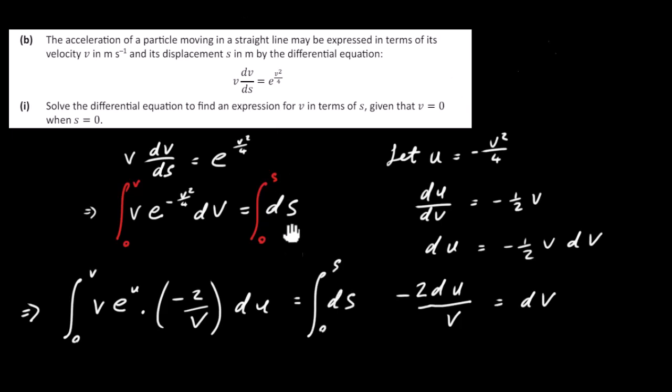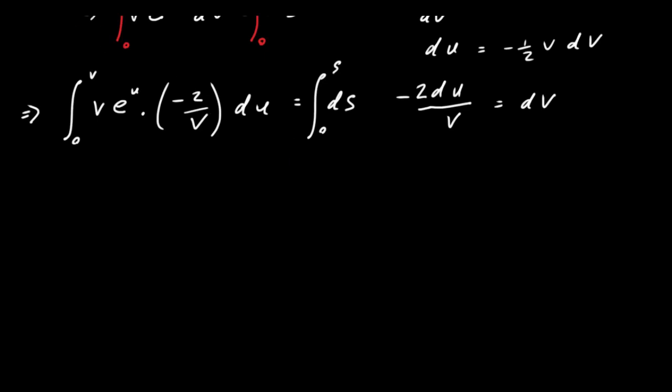Okay, so let's simplify all of this. First, I have this minus 2 multiplied here, so I'm going to bring that outside the integral. And I've got a v on the bottom and a v on the top here, so that's very handy. I'm simply left with e to the power of u du on the left hand side, so that simplifies everything.